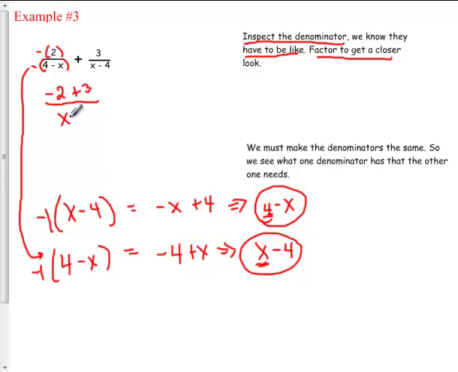So the common denominator is x minus 4. And if I add those together, there is my final answer. And if we're doing a little pre-calculus, we know this fraction is undefined when x equals 4. So x cannot equal 4 in this case.